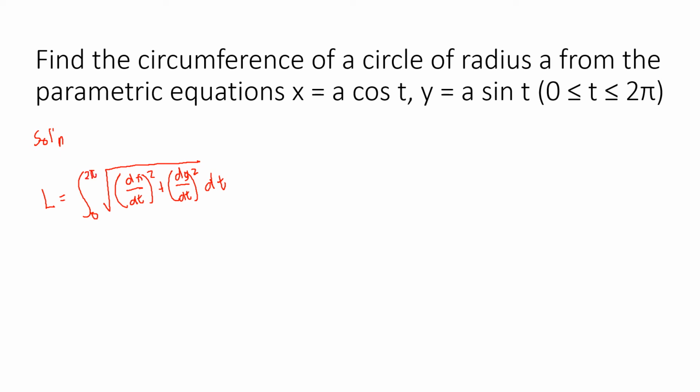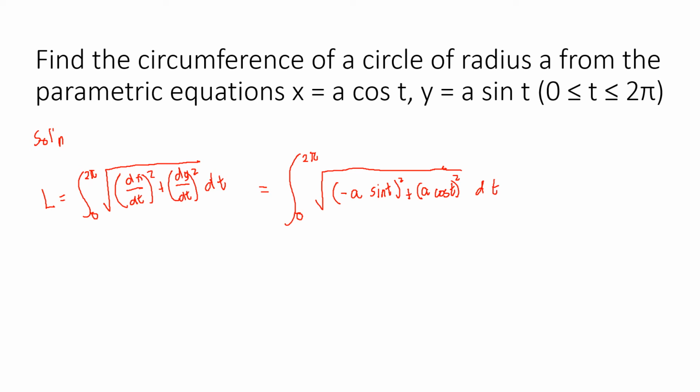So in this case, this is the integral from 0 to 2 pi of the square root of negative a sine t quantity squared plus a cosine t quantity squared, dt.